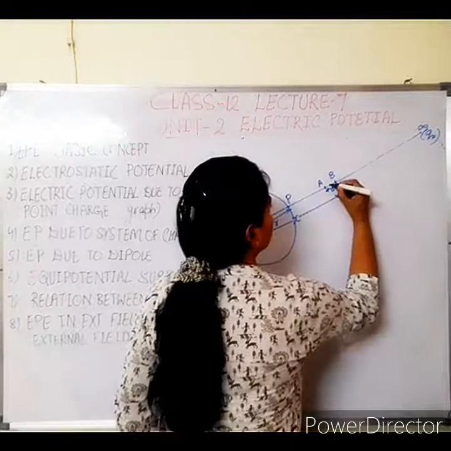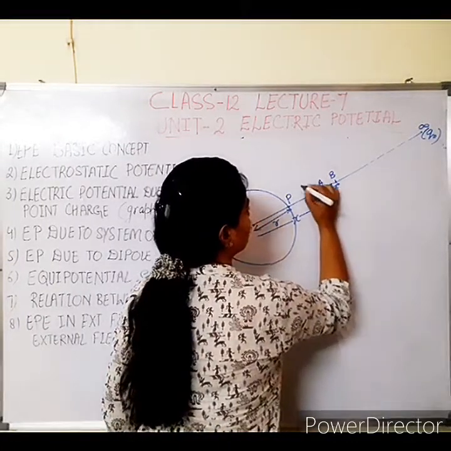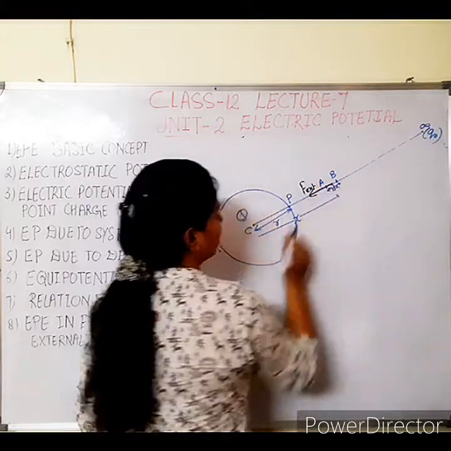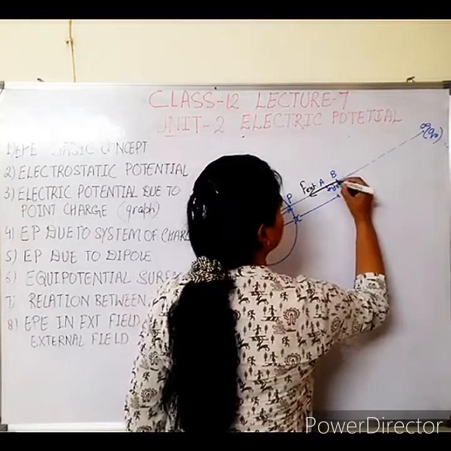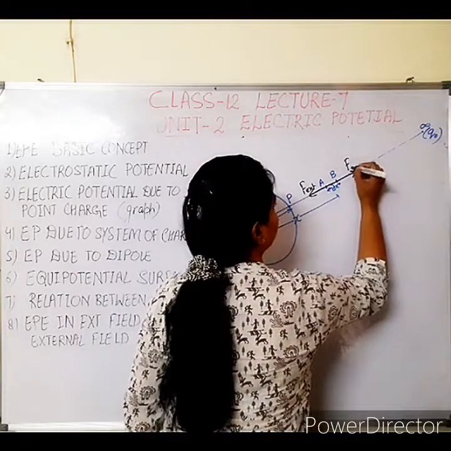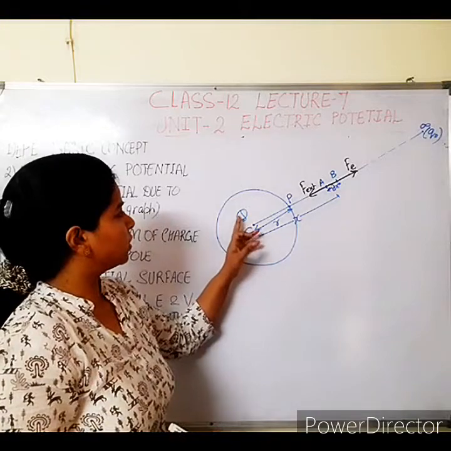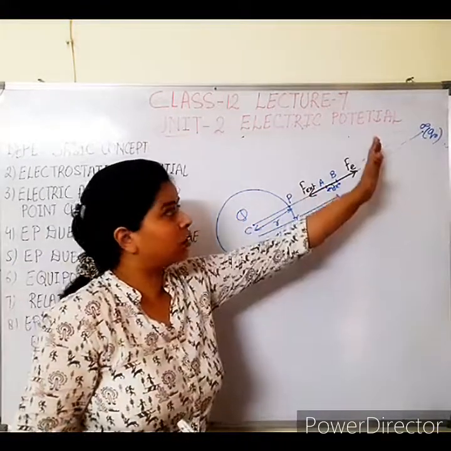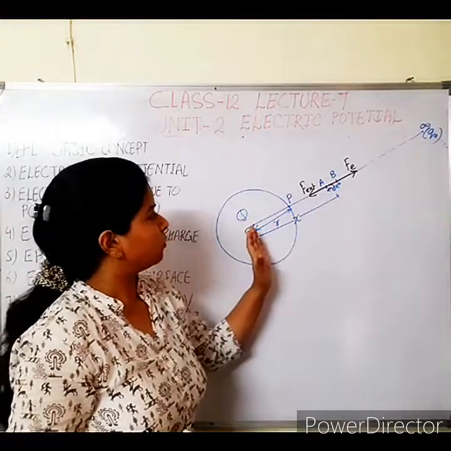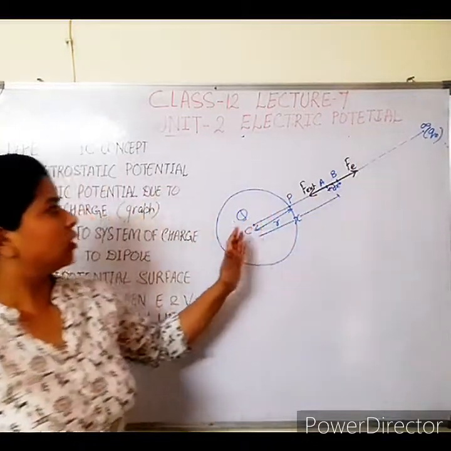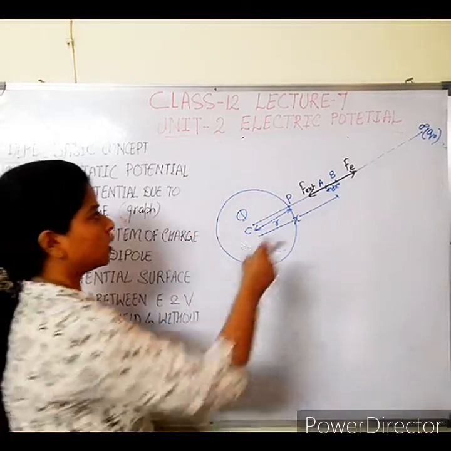Here the external force is applied from B to A. This is F external, and the direction of the electrical force, FE, should be in the opposite direction. Due to the electrical force, the source charge will repel the test charge, so the direction of the electrical force should be opposite to the motion direction of the test charge.